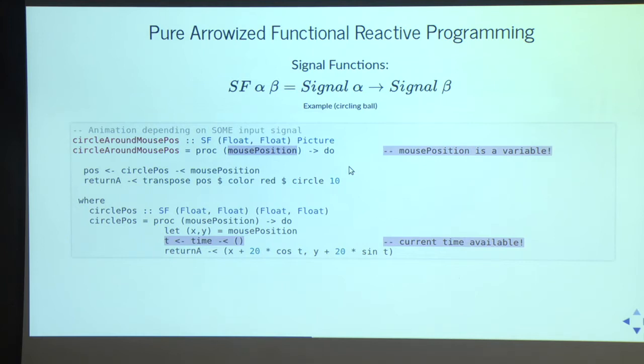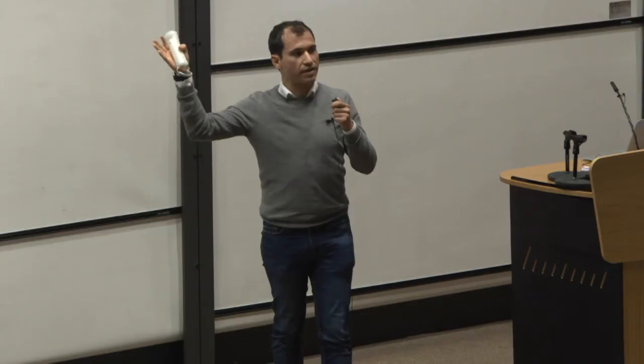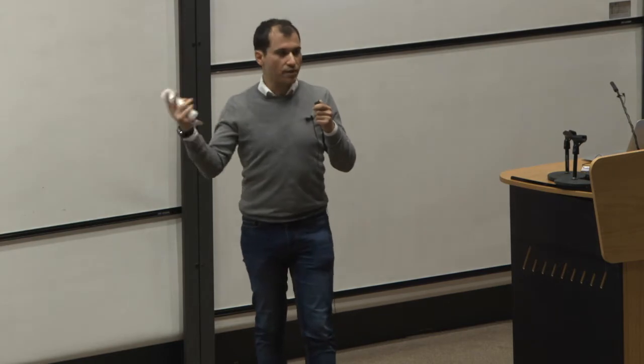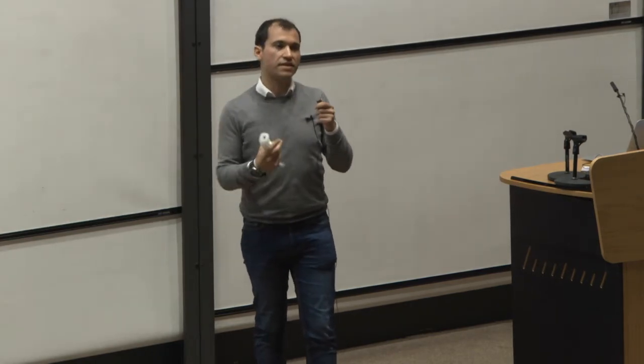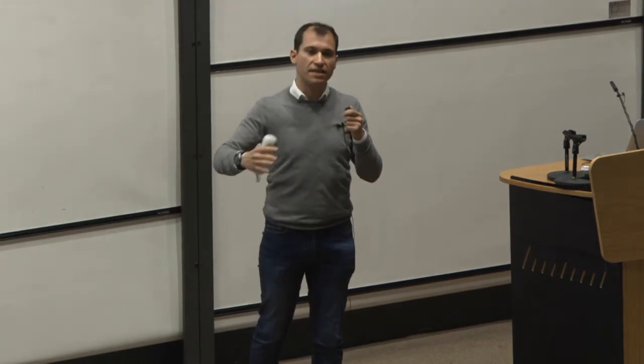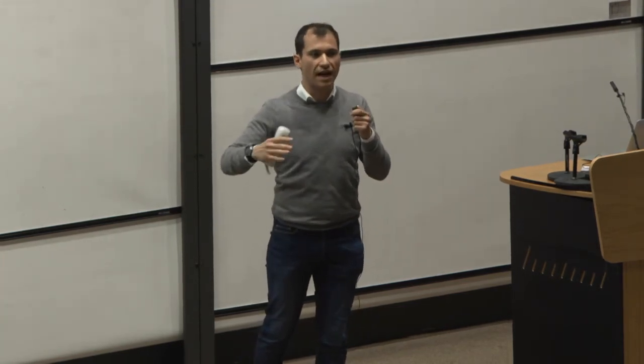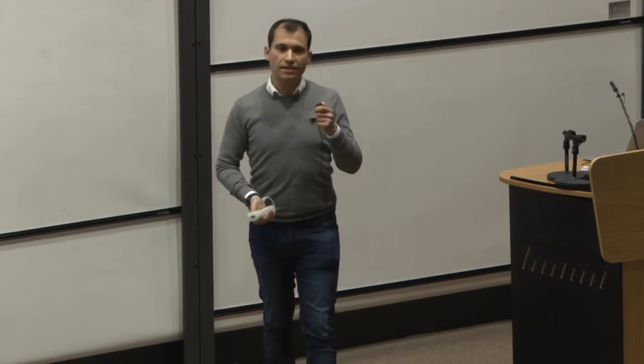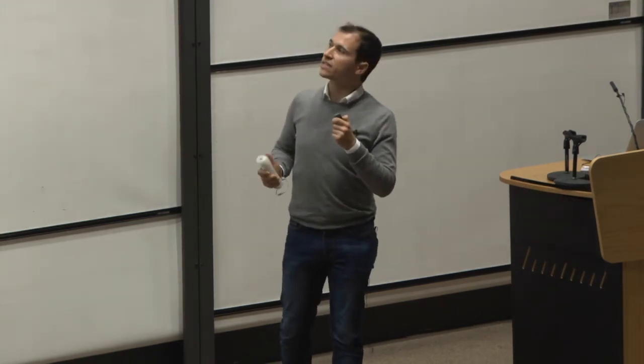And the good thing about this kind of construction, this pure arrowized FRP, is that it deals with both problems that we're trying to deal with. One of them is time, because it doesn't let us sample things at arbitrary times. It enforces causality and avoids leaks by construction. And at the same time, it's letting us keep the I/O part kind of like out of our construction. And you'll get a better picture of all of this here.